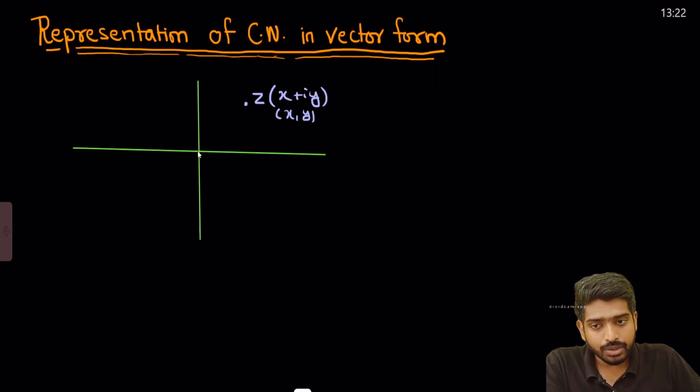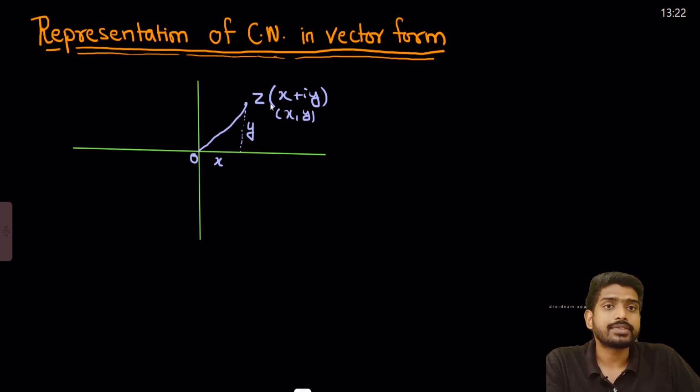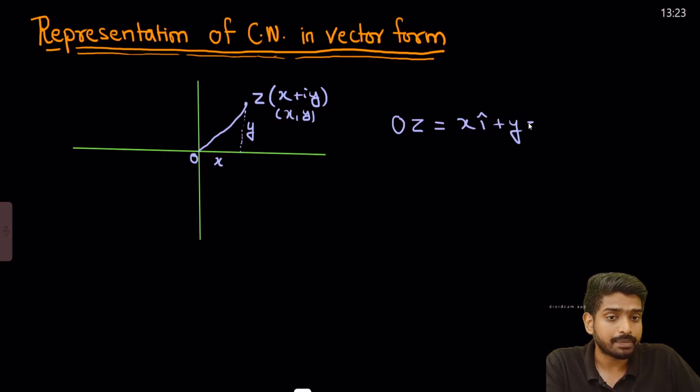If we join this complex number with the origin, what will be the x component of this complex number? If I drop the perpendicular, the x component length is x, right? And the y component is y. So this complex number z, I can assume it as a vector, and the position vector of this complex number z we can write as OZ equals x i cap plus y j cap.